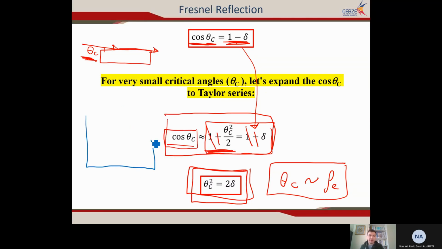Let's consider this is the X-ray reflectivity curve. This is the intensity, this is 2 theta, and this is the critical angle. Below the critical angle, we have full intensity at the detector. All the intensity goes to the detector, okay? We have total external reflection.